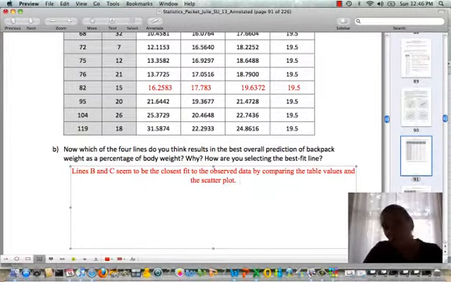If we had to choose between lines B and C, line B seems to be the most accurate.